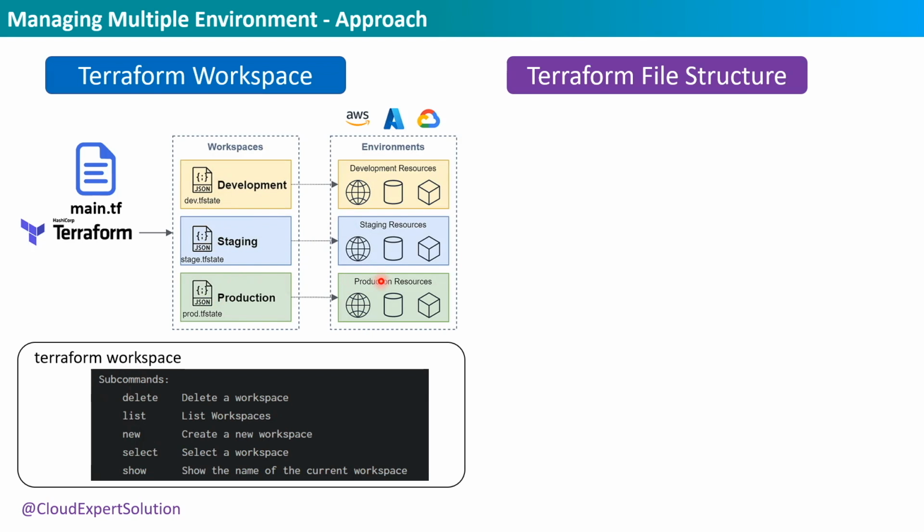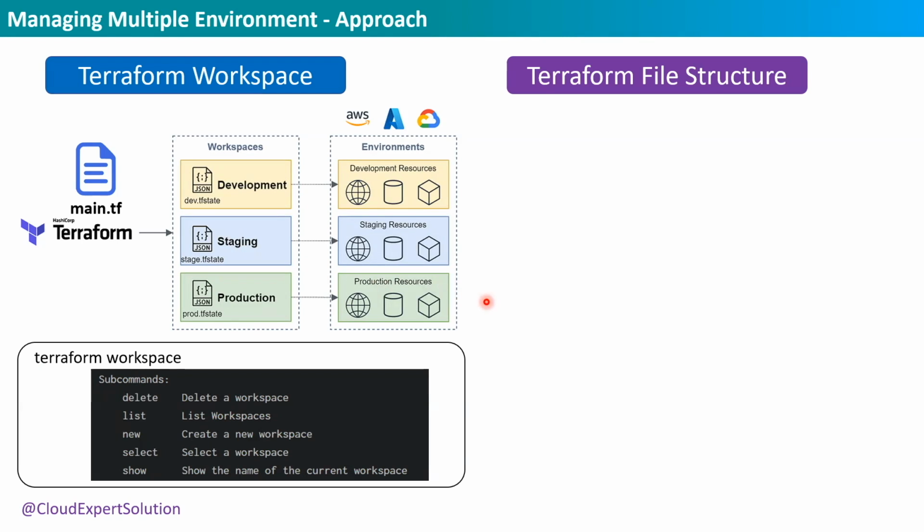However, if you have multiple different components, let's say under production you have one Terraform script that creates only the virtual machines, whereas for the database you have a separate script, then you have to maintain a different workspace for each individual component. That is why the number of workspaces will be equal to the number of Terraform configurations times the number of environments.